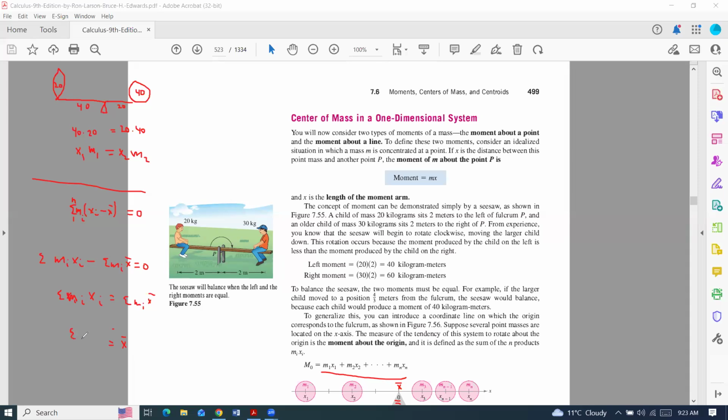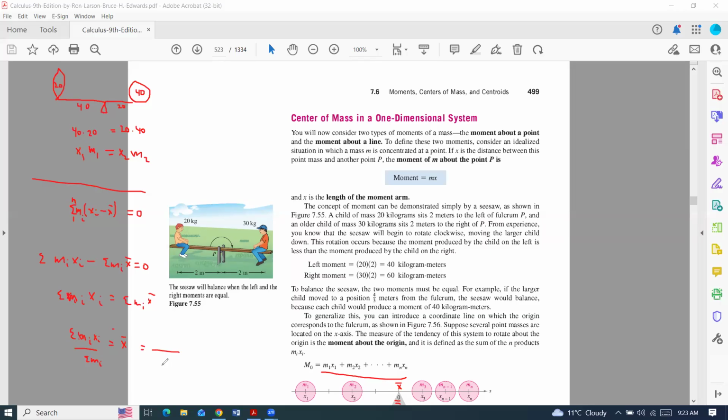So it'd be the sum of m_i's multiplied by x_i, and this is over the sum of all mass. And please notice that the sum of all masses we can call the mass of the entire system.